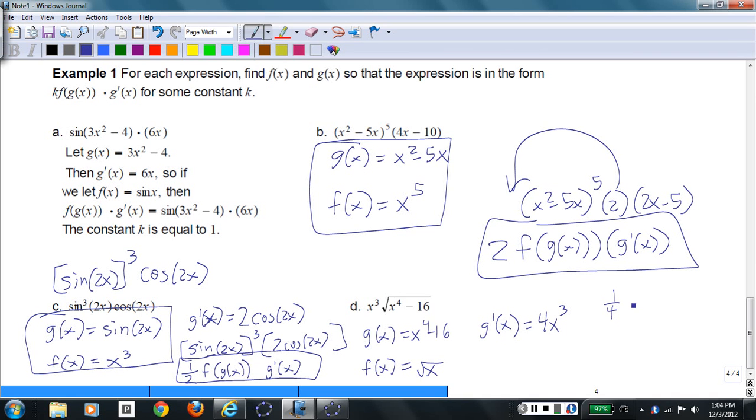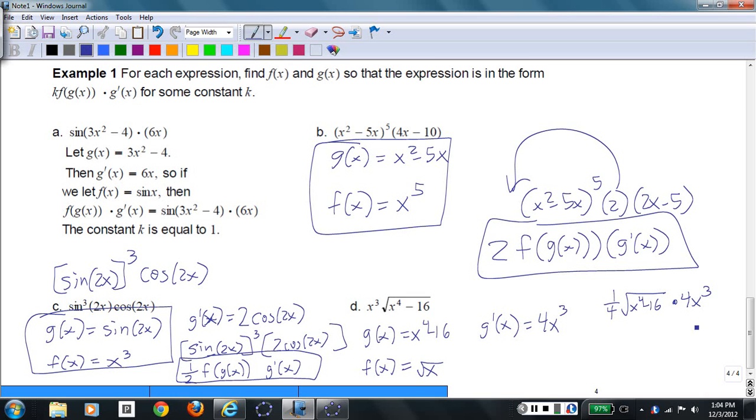I want to put it in order, f of g of x, the square root of x to the 4th minus 16, times 4x cubed.